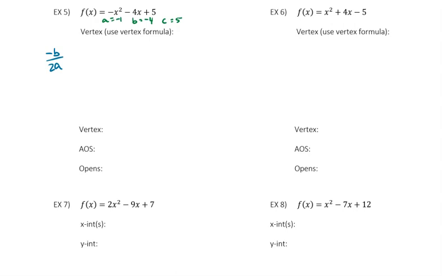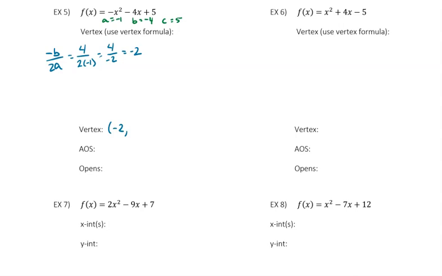So if we plug those in, we get negative 4, or just positive 4, over 2 times negative 1, which is 4 over negative 2, or negative 2. So we know that the x value is going to be negative 2.